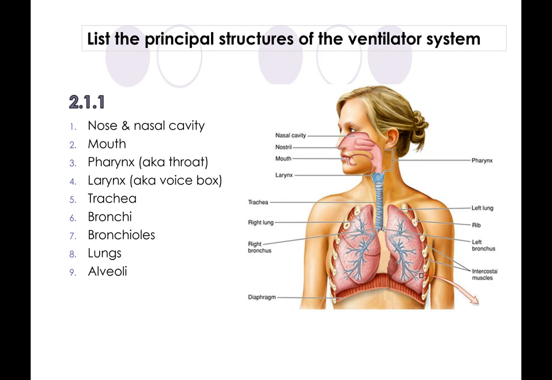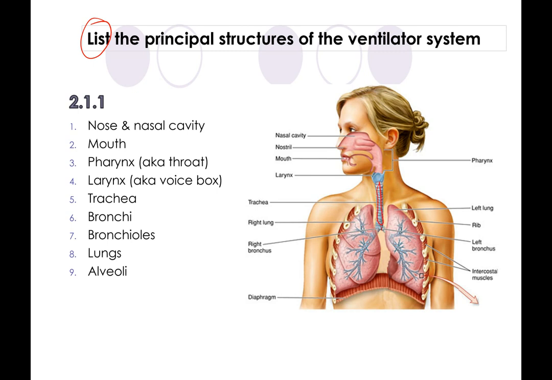So this first learning target: list the structures. You have this diagram. I would encourage you to cut it out and put it into your notes. There are a couple of things listed here that you don't see on the diagram. This entire thing right here is the trachea.